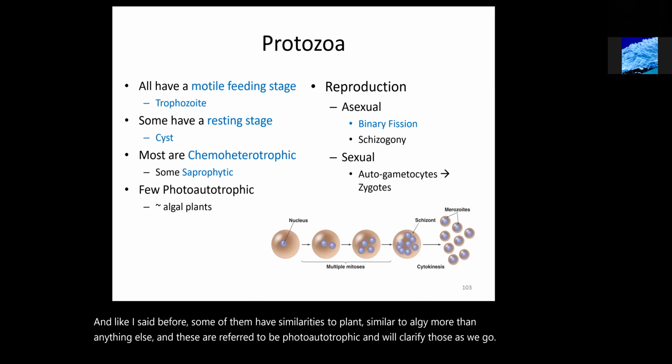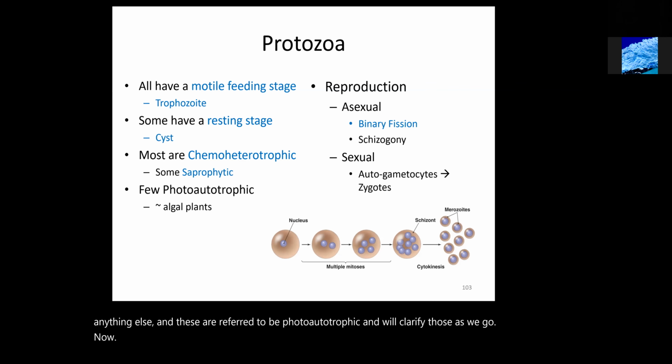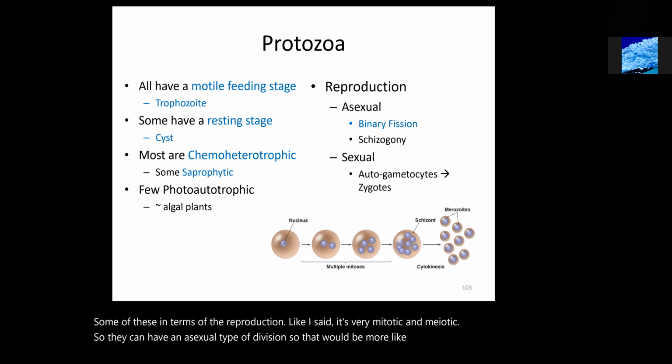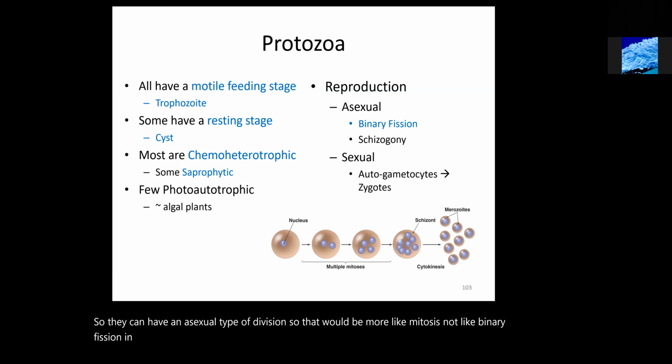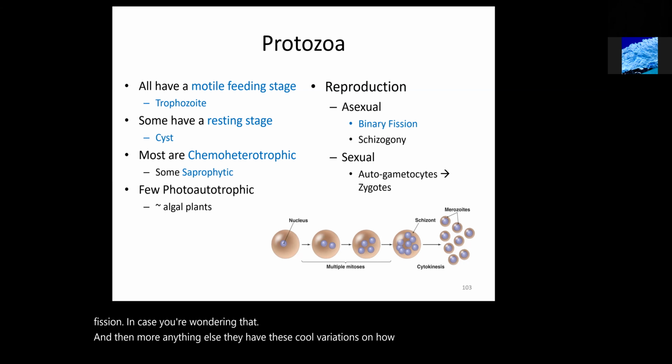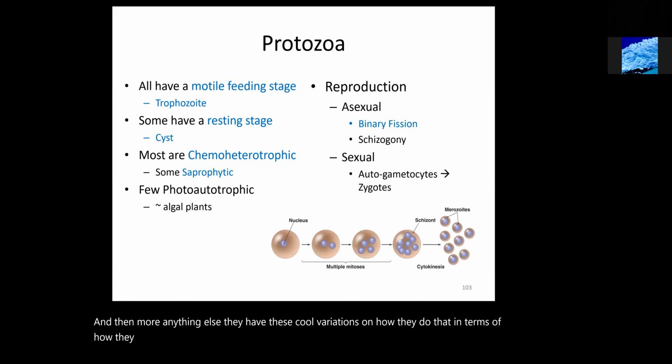Now, in terms of reproduction, like I said, it's very mitotic and meiotic. They can have an asexual type of division, which would be more like mitosis, not binary fission, in case you're wondering. And more than anything else, they have cool variations in how they share and trade materials if they're doing a sexual version.